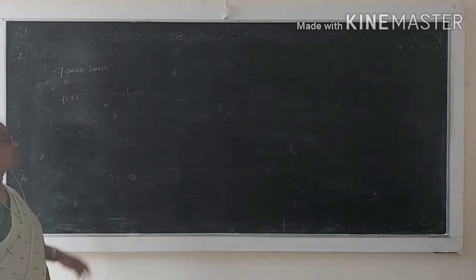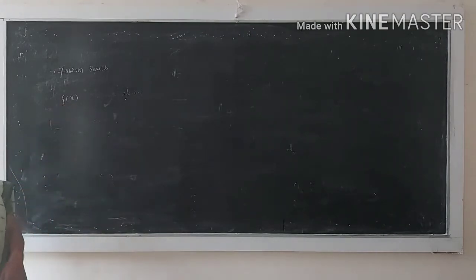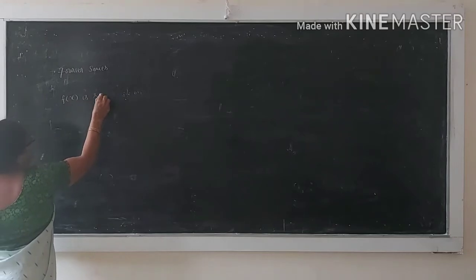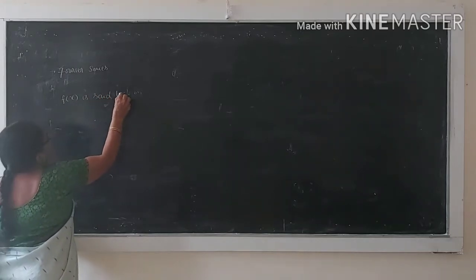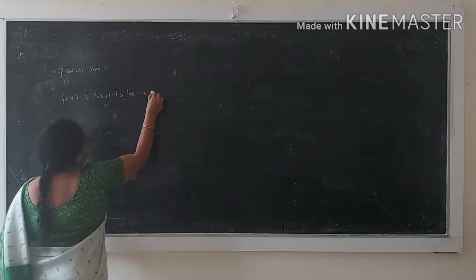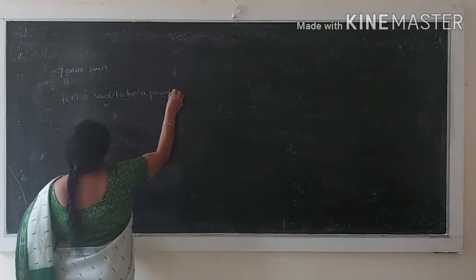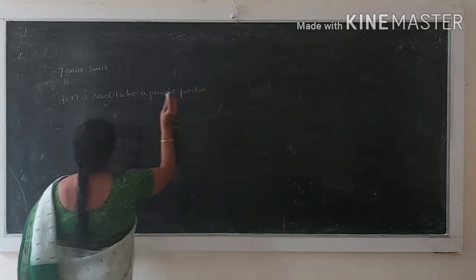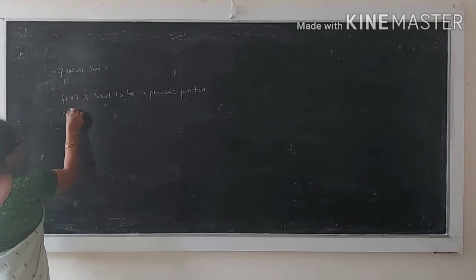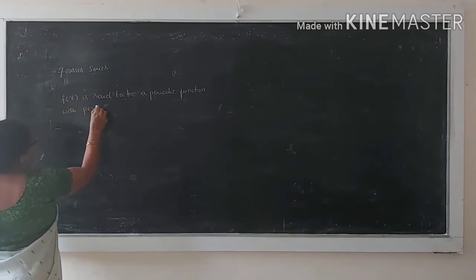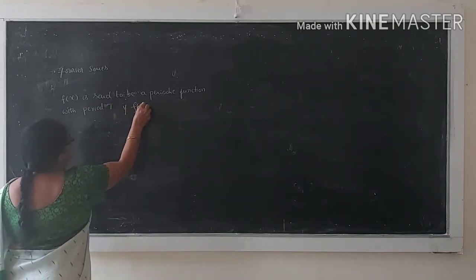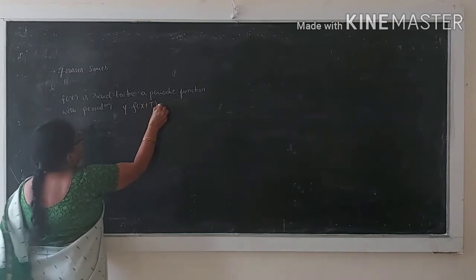Before going to the Fourier series definition, I want to define some basic definitions. f of x is said to be a periodic function with period T if f of x plus T is equal to f of x.